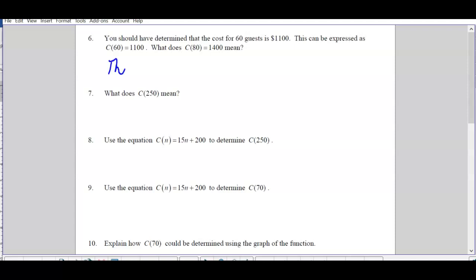It means the cost for 80 guests is 1,400. A lot faster to write it like that, right? We're trying to find some fast ways of doing things, and that's what this notation does.